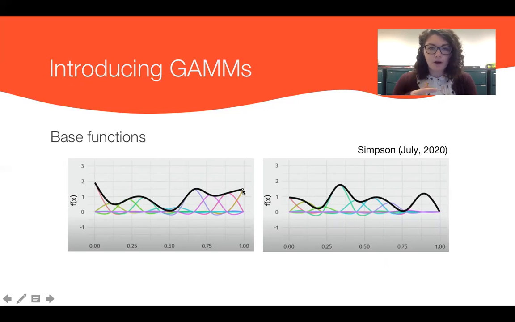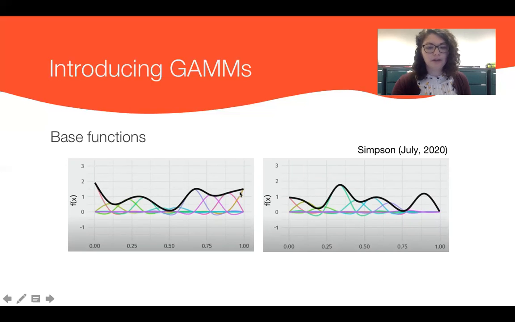And so what you do is in R, you specify your generalized additive model and you feed your data into it. And what it's going to be doing, based on the specifications you've set, is finding a bunch of these base functions that when they are summed together, added together, they create this black smooth function, which is a very complex shape.